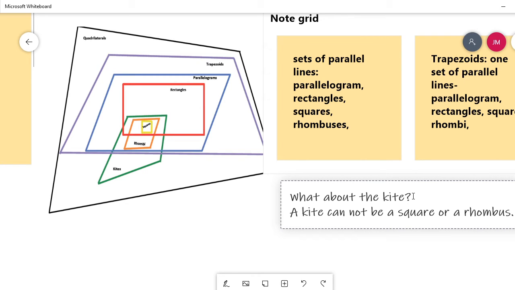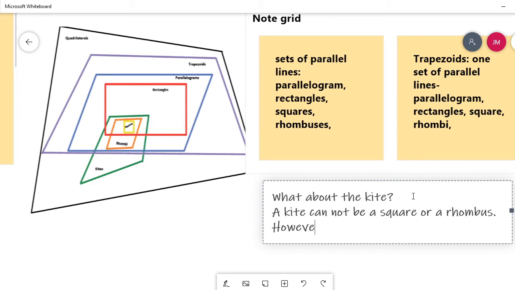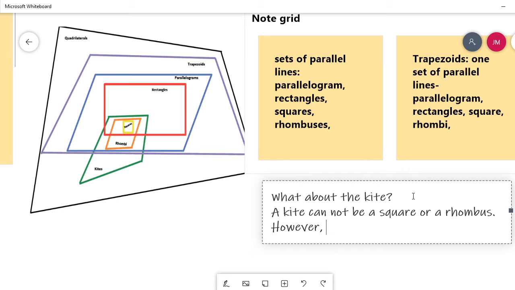However, a square and a rhombus can be a kite.